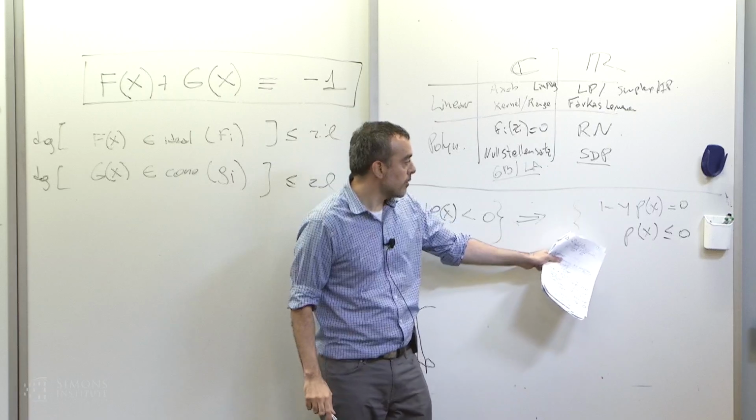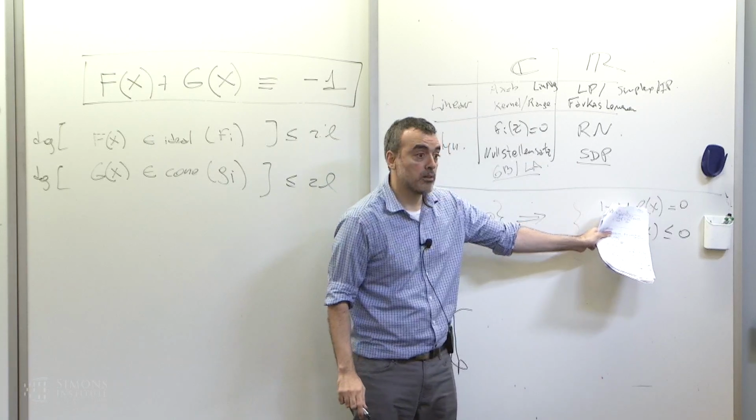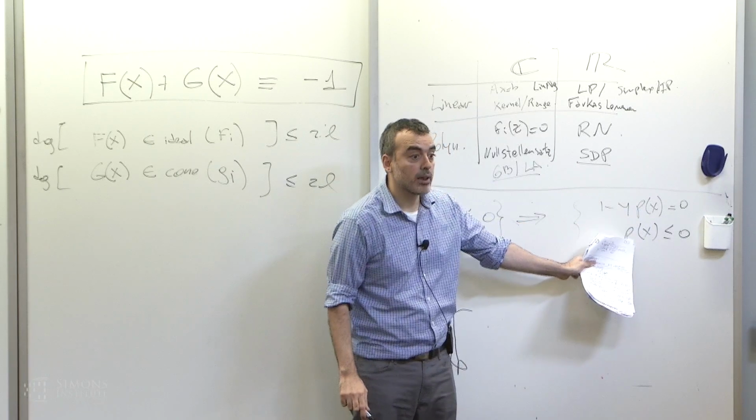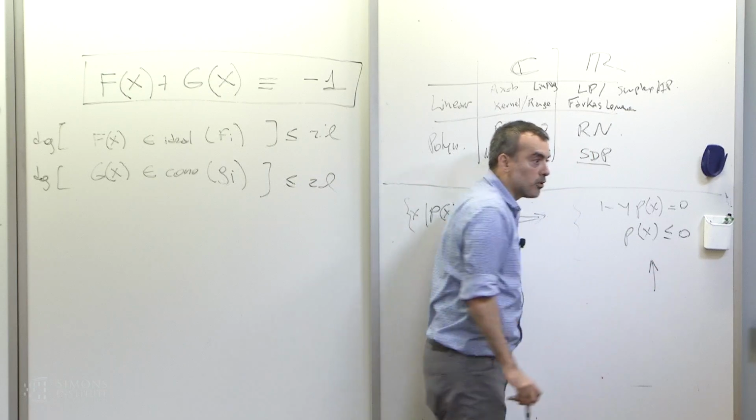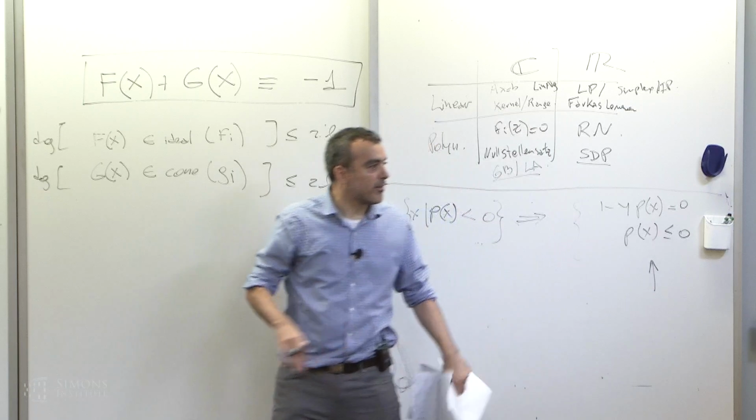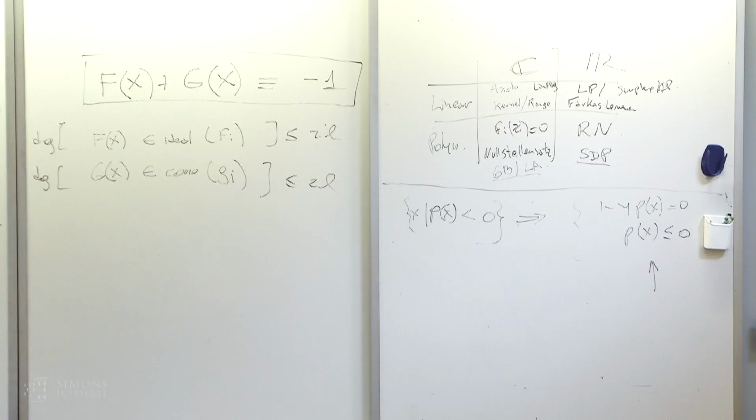These equations are infeasible, so P cannot be 0 because of this equation, so P has to be strictly negative. And if you just apply the real Nullstellensatz to this, and you play around, you get exactly a representation as a sum of squares of rational functions.